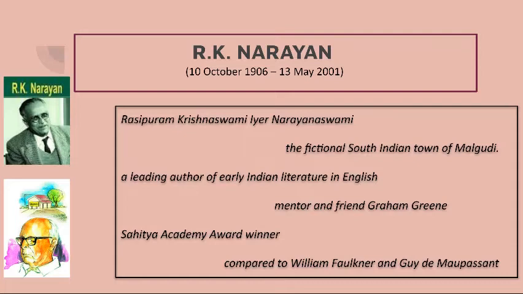Now you all must be curious about the Sahitya Academy Award, which is a literary honor in India, which the Sahitya Academy, that is India's National Academy of Letters, annually confers on writers of the most outstanding books of literary merit published in any of the major Indian languages.